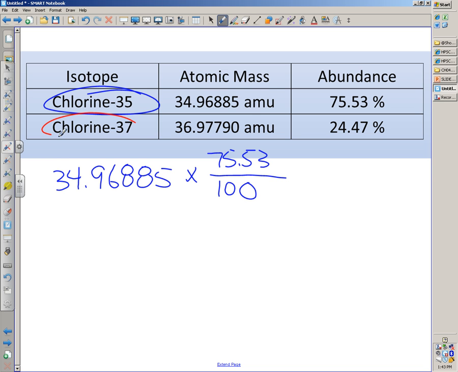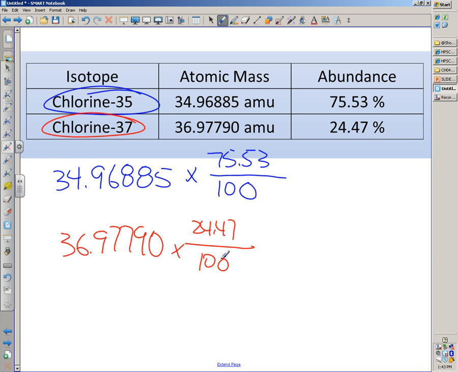But you have to do that for each isotope. So, 36.97790 times 24.47 over 100. Joe, you got your calculator out? Yeah. You got any answers yet, or no? 26.4119741. We'll call it 26.411.